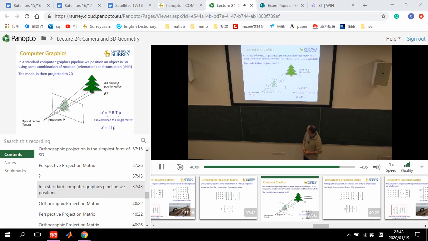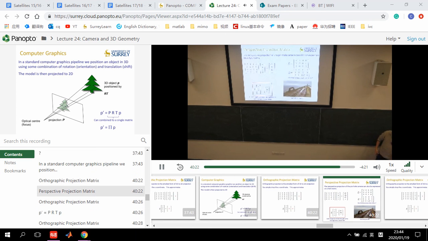So P prime is a 2D point produced from P, which is a 3D point, by some rotation and translation followed by perspective projection using that matrix P that we saw here.